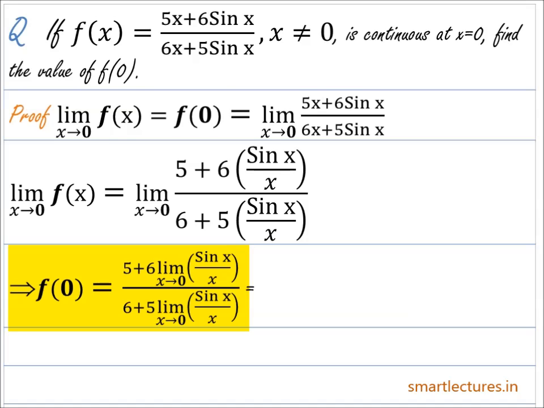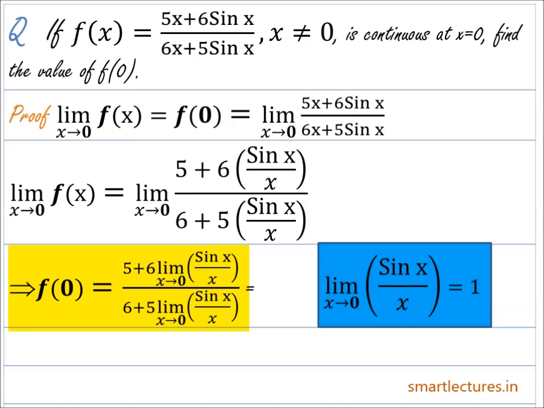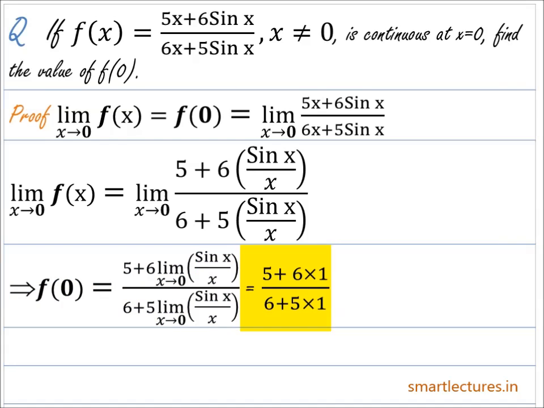And limit x approaches 0 sin x upon x is equal to 1. So f of 0 is equal to (5 plus 6 into 1) divided by (6 plus 5 into 1), which is equal to 11 upon 11, or 1.